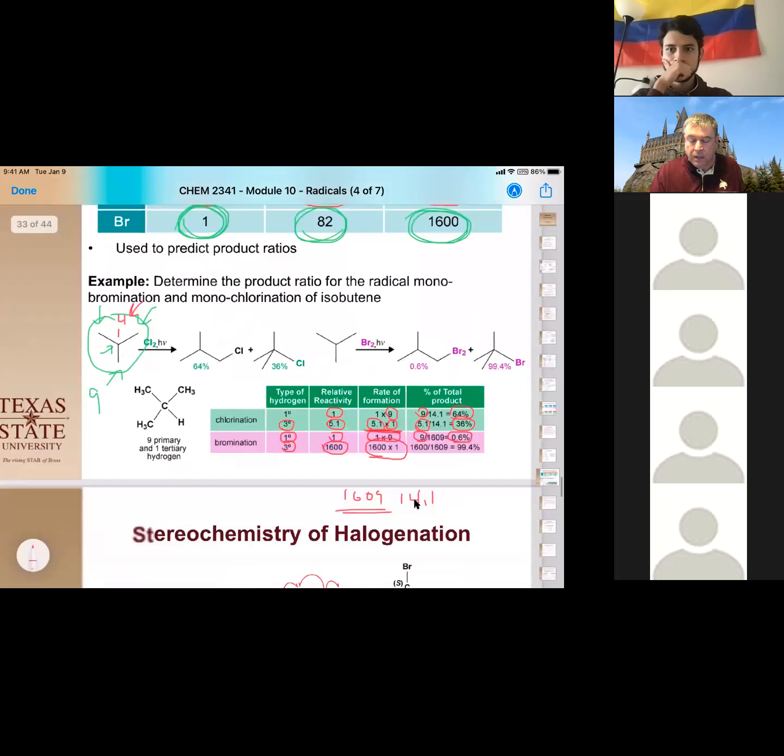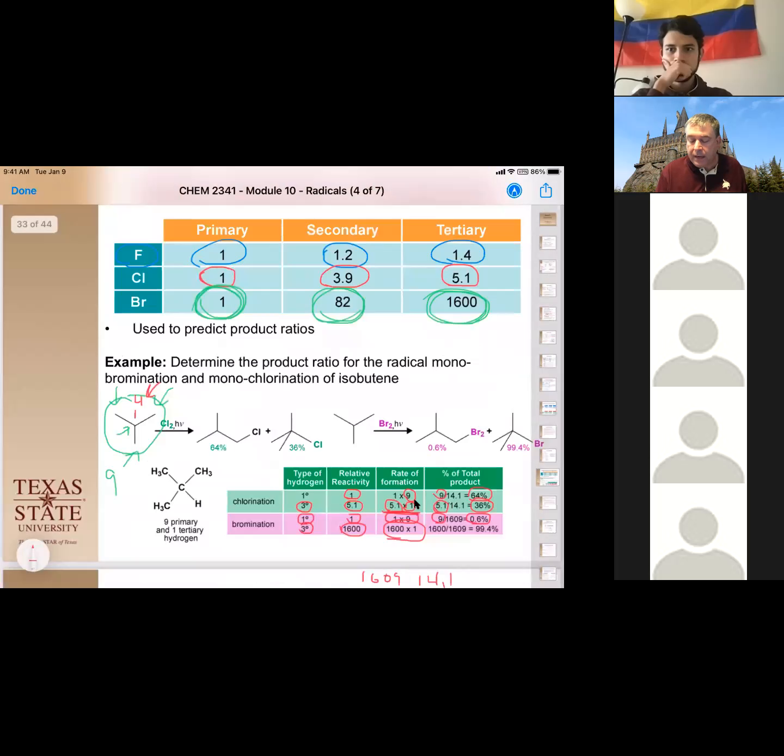Okay, so what does that mean? Okay, so in our previous reaction, we had our primary and our secondary for our fluorine. The fact that there's very little selectivity difference means that it's only driven by the statistics. Chlorine, we start to see statistics playing a role, and that's why it's 4 times faster for a secondary over a primary.